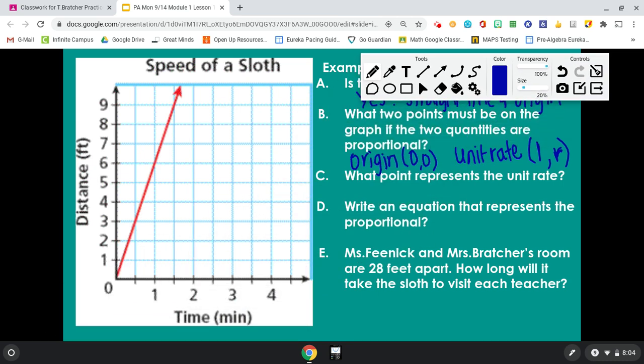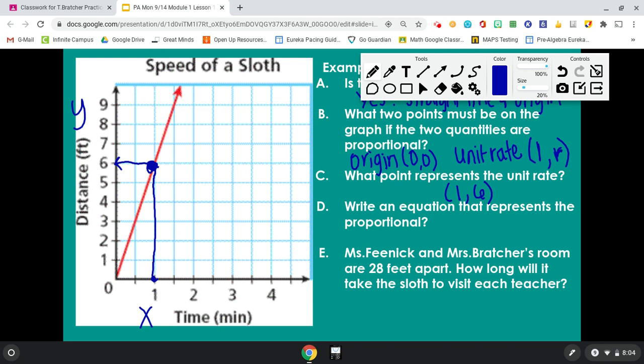So let's go over here and look. If this is the x value, remember we want that to be 1 for the unit rate. So if I follow this up, right here would be where the unit rate is. So that would be 1 for my x value, and my y value is 6.